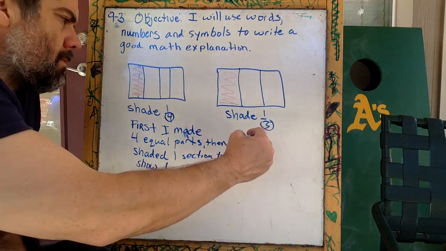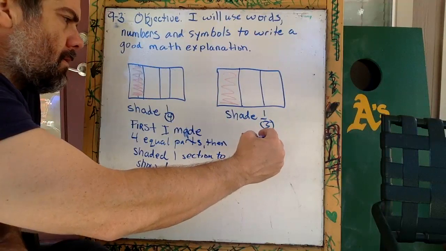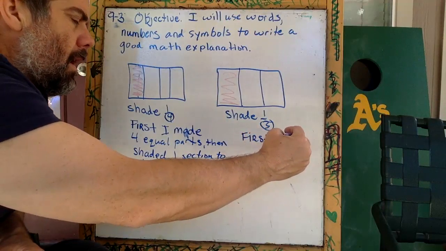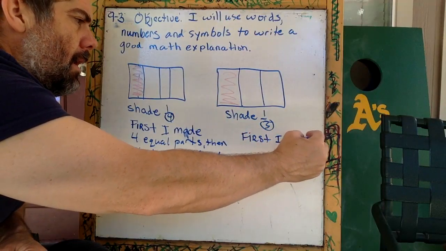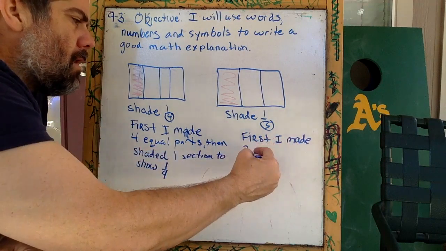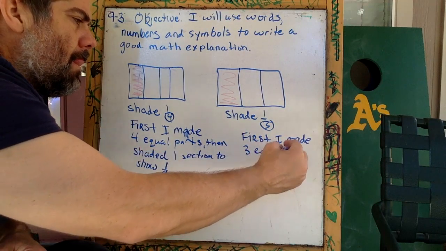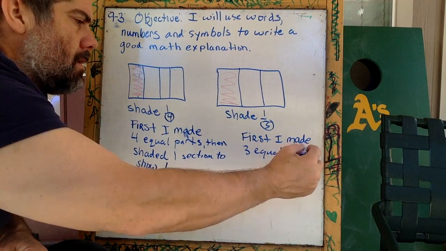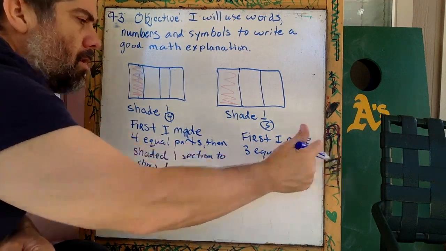I'll give you a second to write this down. So first, I made 3 equal sections, or 3 equal parts.